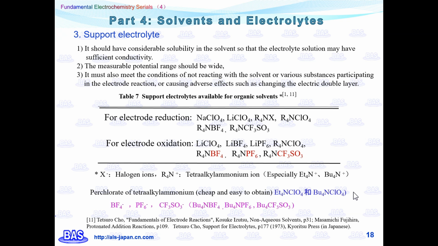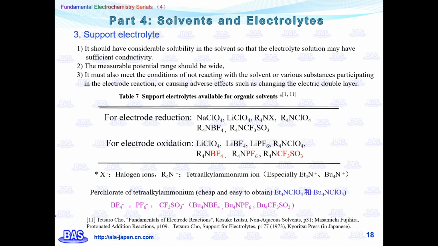Care must be taken. In recent years, instead of perchlorate, the use of tetrafluoroborate, hexafluorophosphate, and triflate has increased, especially in the study of oxidation reactions, where they have been shown to be superior to perchlorate.